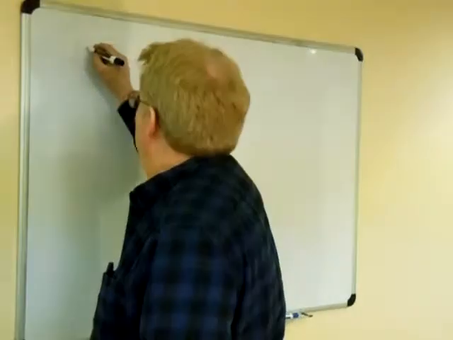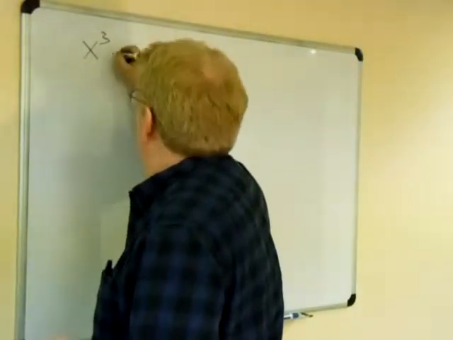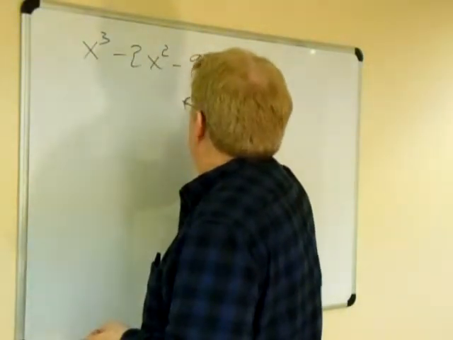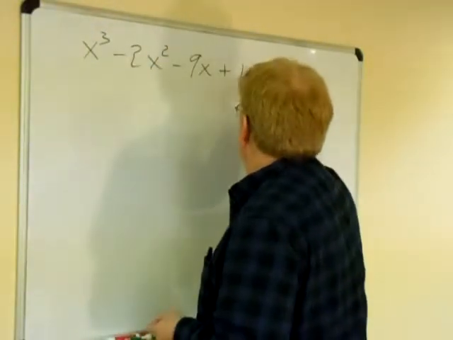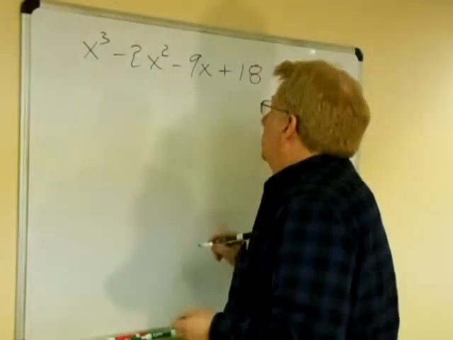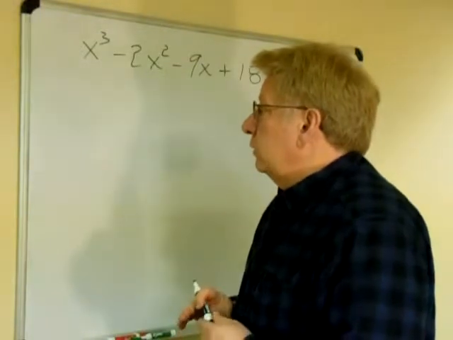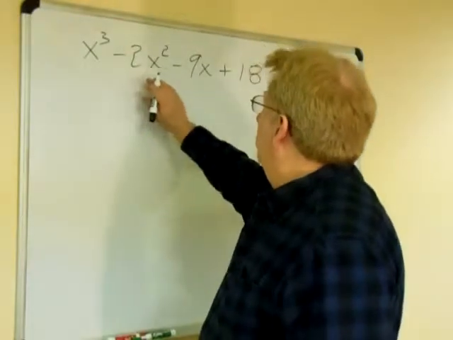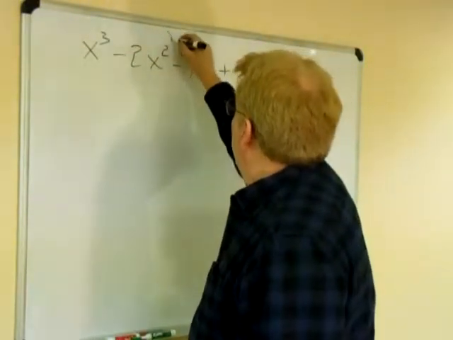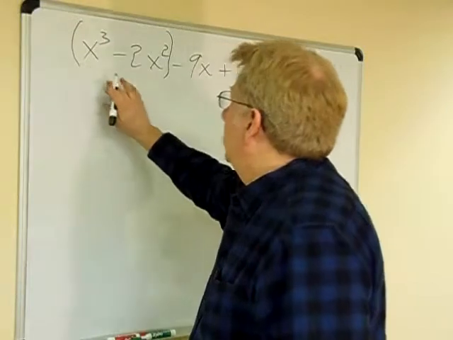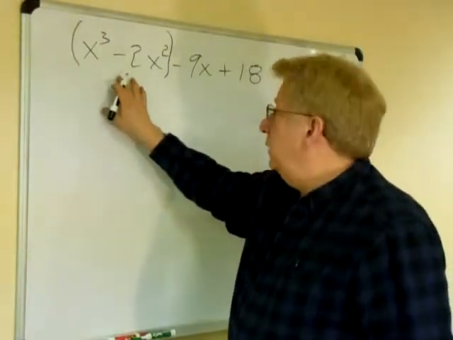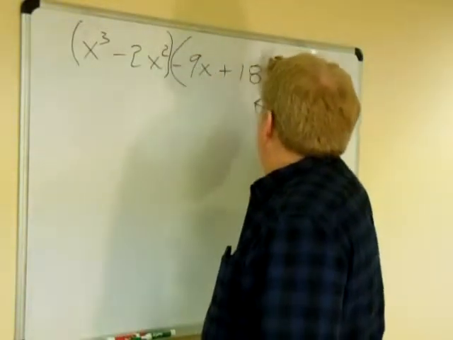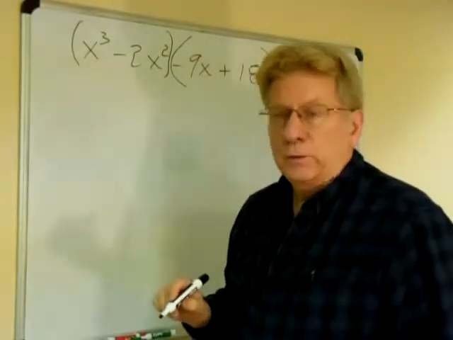So this example is x cubed minus 2x squared minus 9x plus 18. Alright, we're going to take a look at this, and we'll take this side and see if we can find a greatest common factor here, and then we'll take this other side and see if we can find a common factor there.